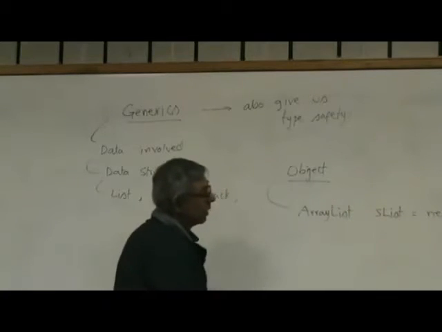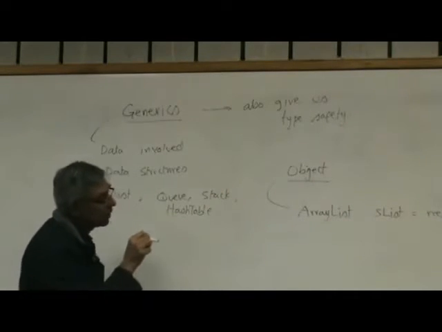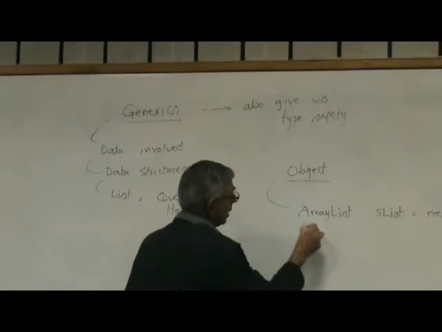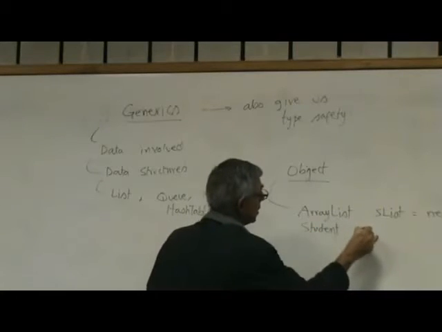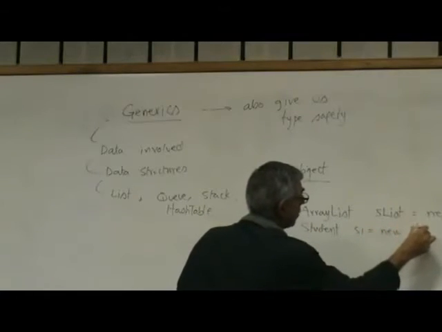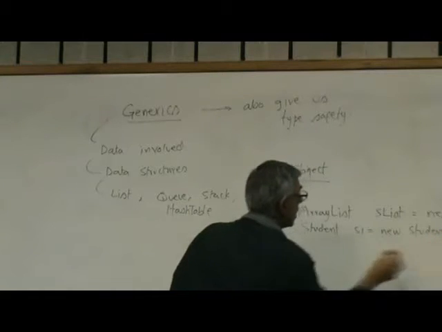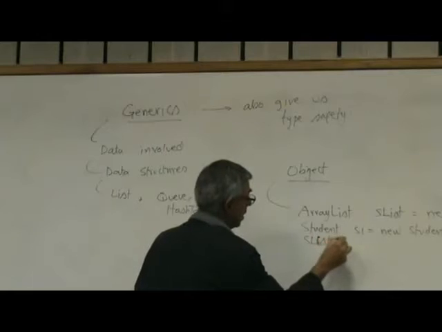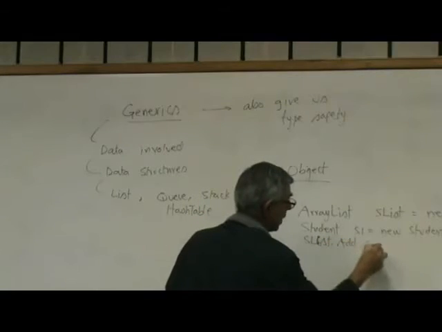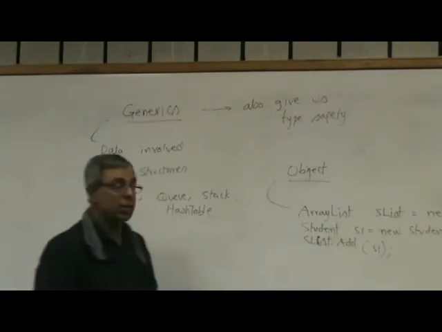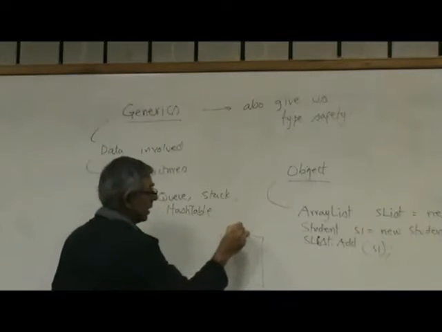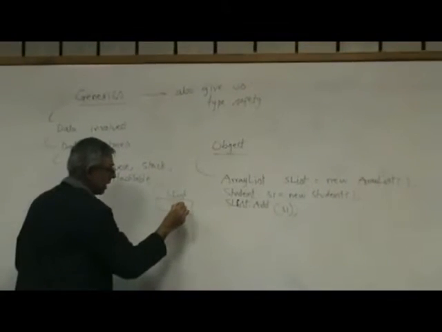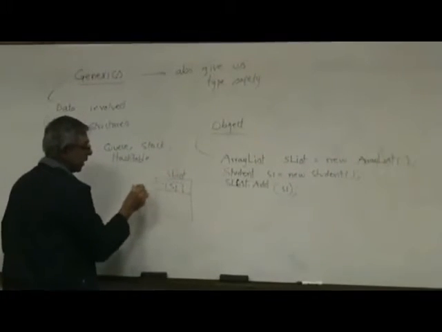Remember, we discussed that anytime we store something in the ArrayList, it becomes an object, right? So for example, I can create a student, s1 equal to new Student, and I can do sList.add(s1). As soon as we store s1 in it, s1 gets wrapped as an object, correct?